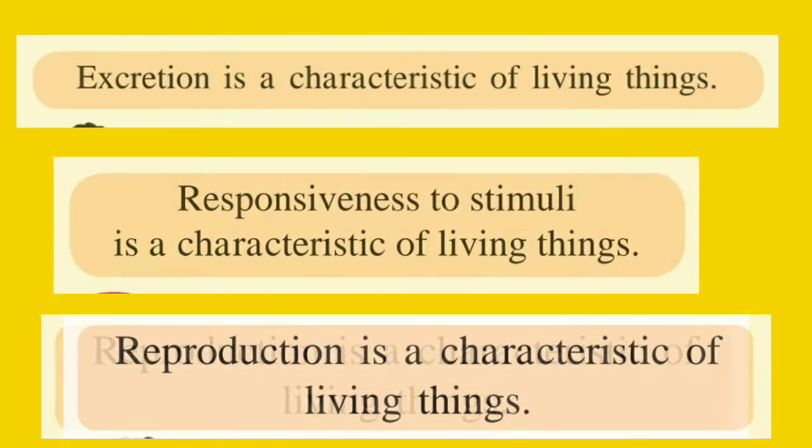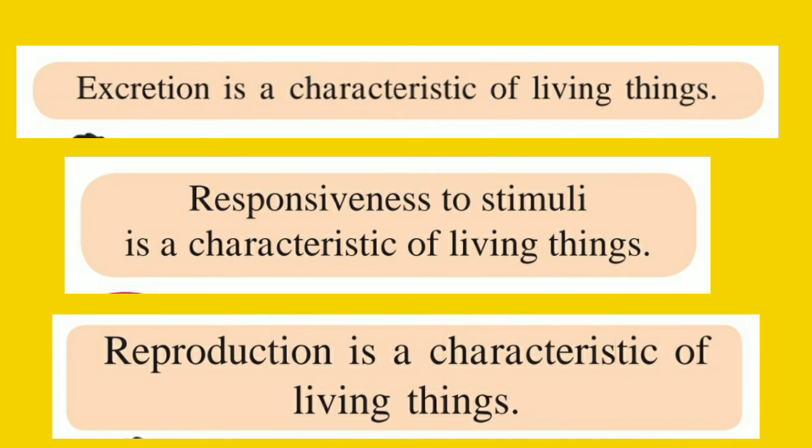The next characteristic we have learnt is excretion, right? Excretion is also a characteristic of living things. Next is responsiveness to stimuli. It is also a characteristic of living things. And lastly, what we have learned today is that reproduction is also a characteristic of living things.